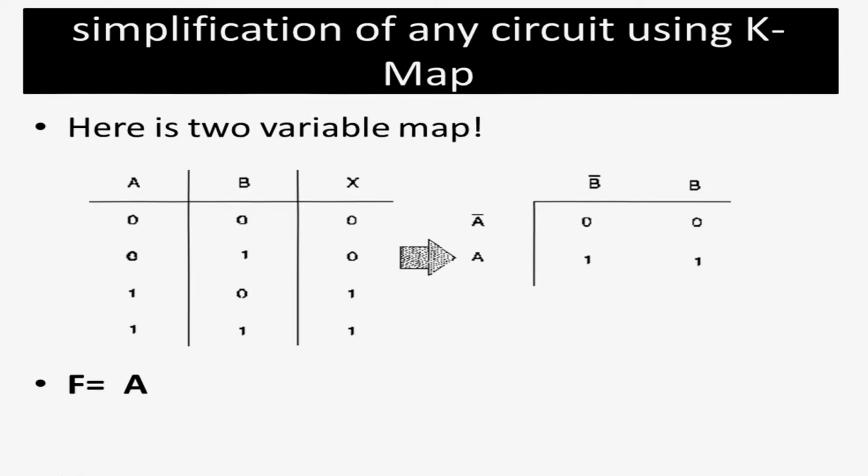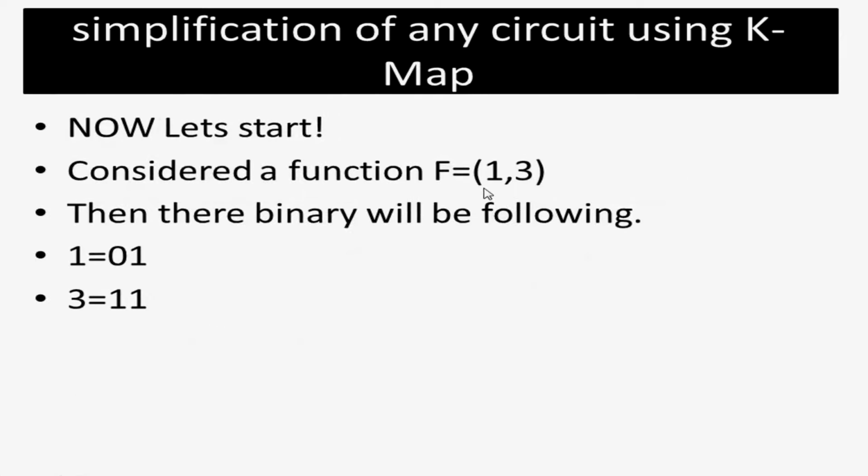So we will draw a map using two variables, and as we know, we use a truth table with 4 outputs. We see that 1 and 0 verify the condition, as the function is 1 and 3.